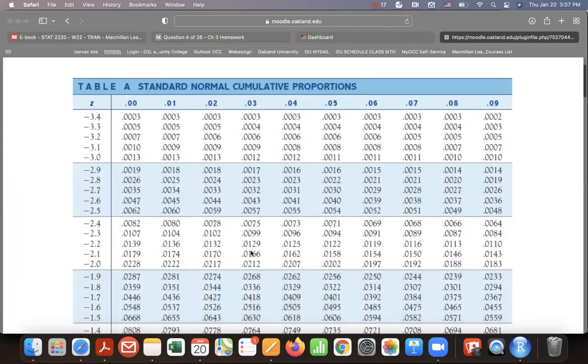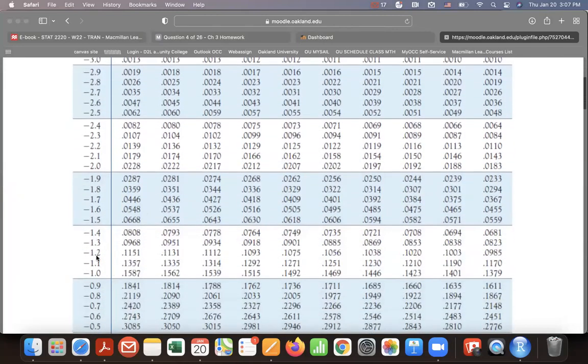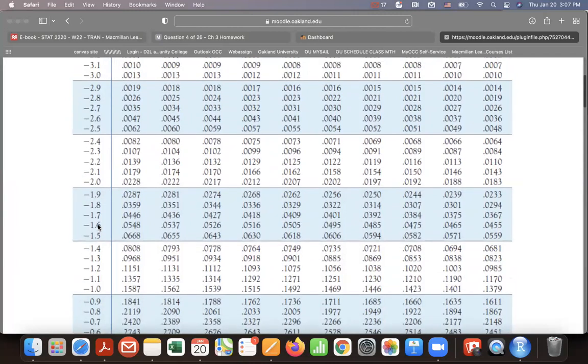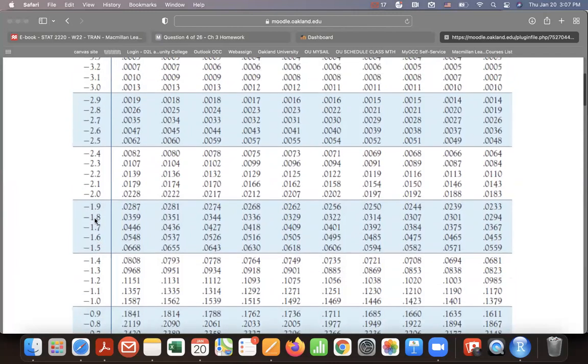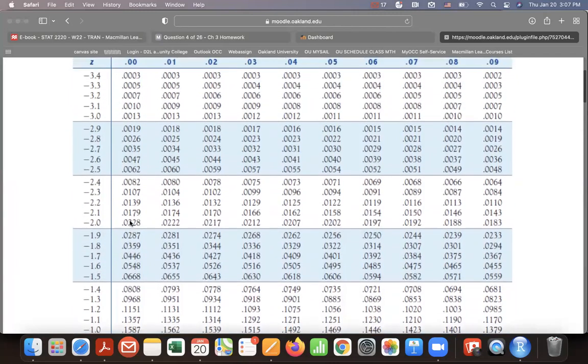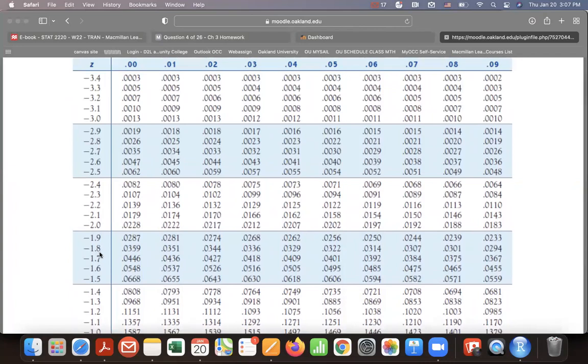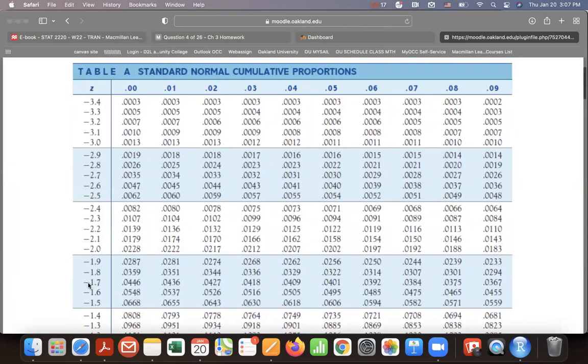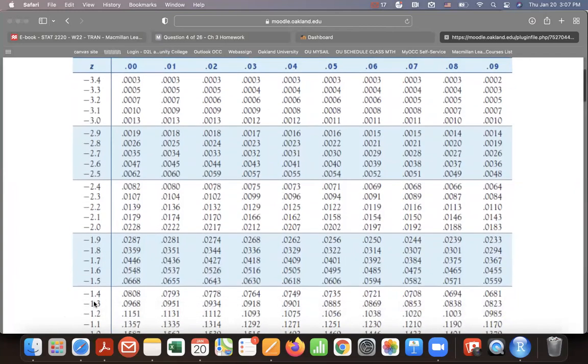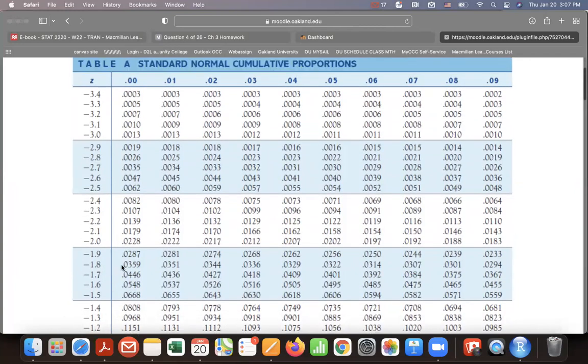All right, negative 1.8. Right here. So negative 1.8, and then nothing next to the decimal 8, so it's going to treat it as 0. So negative 1.80, that will be right here, 0.0359.